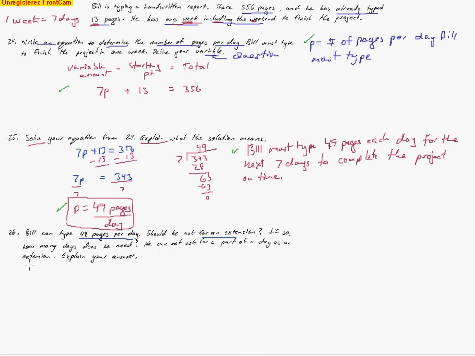So what we would say is that yes, Bill needs to ask for an extension because he needs to be able to type 49 pages per day.